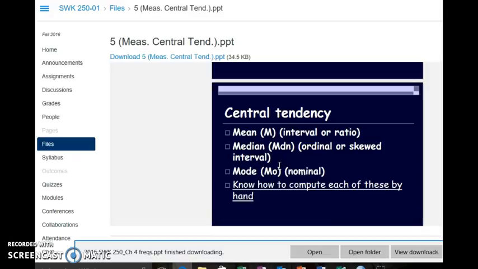But for now, you can certainly read more in your text, but if you're looking at a nominal level variable, if you want to describe it, there is no way that you can give a mean of, say, something like race. You can't give a mean of race. It's not tied to, or you can't relate it to numbers. So that would not make sense to try to describe it using a mean.